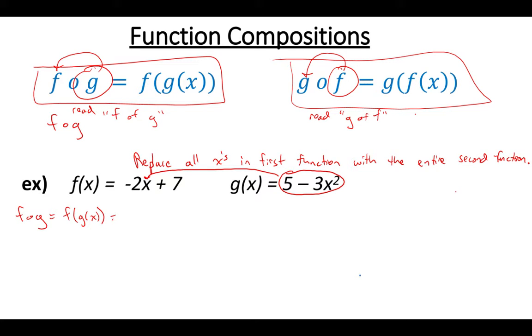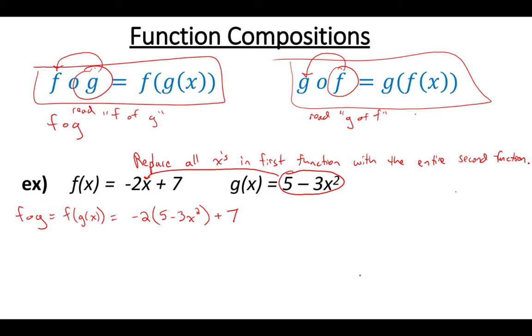So when we write this out, it's going to become negative 2. And whenever you make a substitution, you always want to write parentheses. So parenthesis, we're replacing that x with 5 minus 3x squared. And then we still have the plus 7. So we kept f exactly the same, except where there was an x, we replaced it with the entire g.